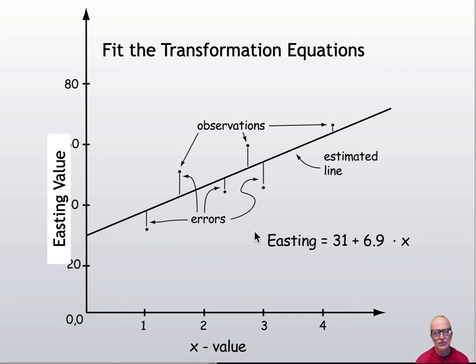It's hard to visualize in 2 dimensions. But what I do then is fit an equation, and it gives me a plane here rather than a line. And from that equation, I can go in with any x value and calculate then what the easting value is. So I can translate an x coordinate to an easting coordinate in my known projected coordinate system. So I have to estimate this with the equation.